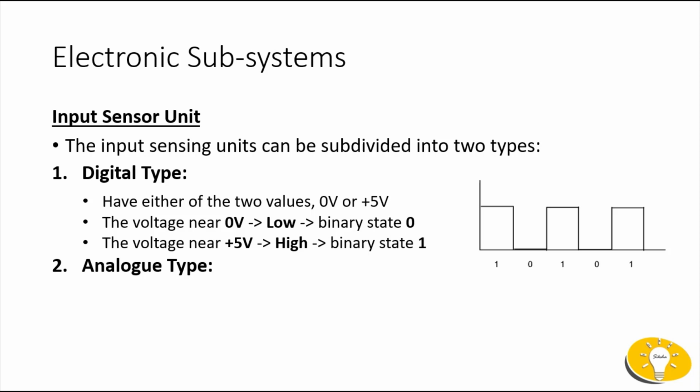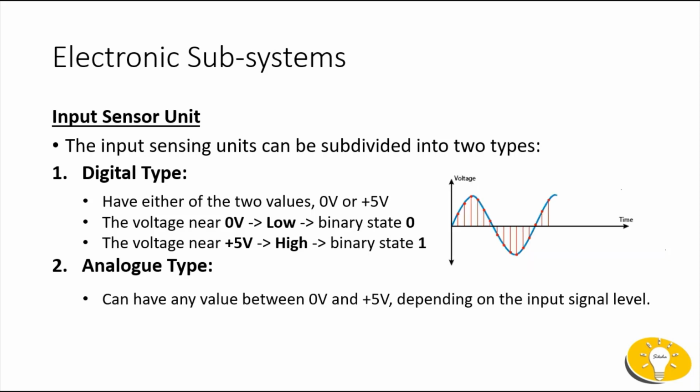Your computer or mobile phones are all digital devices. So the input sensor unit, like the keyboard or the touch screen, can convert the input into digital form, that is 0 and plus 5 volt or 0s and 1s.